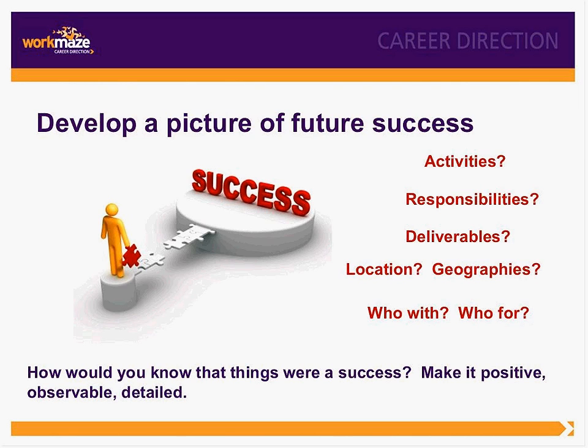Who would you be working for? Who would be working for you? What problems would you be helping solve? What results would you be producing? What kind of feedback would you be receiving from others? What else would tell you that this was your future success and that actually your career progression had been exactly as you wanted it to be?